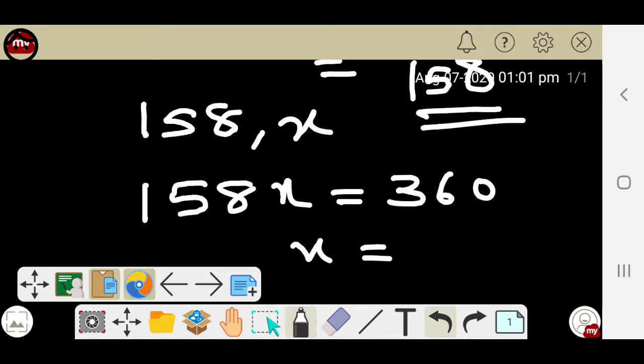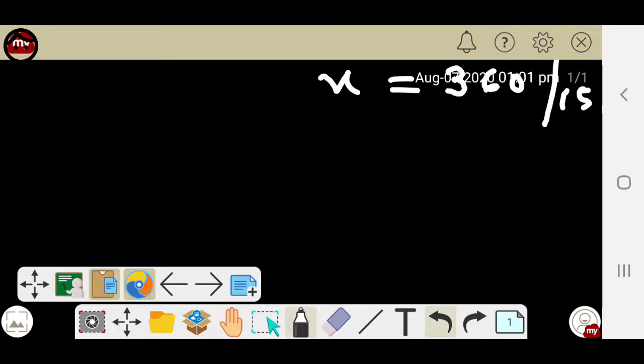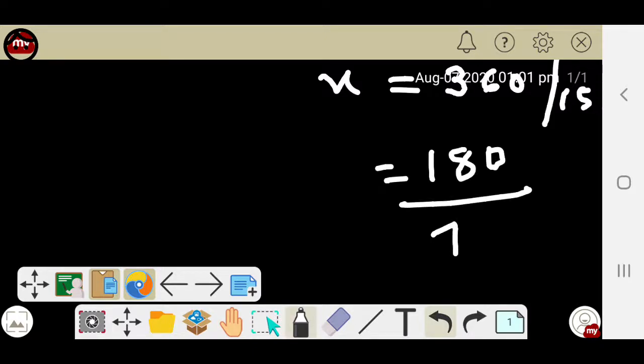So x equals 360 by 158, which equals 180 by 79. Here also 180 is not a multiple of 79. Then it is also not possible.